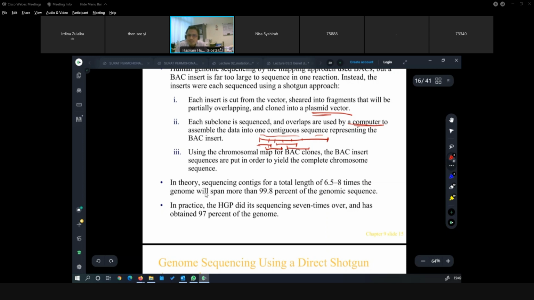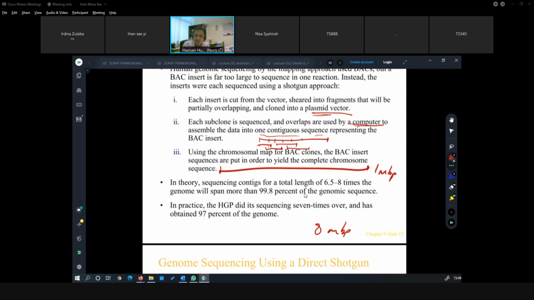Okay, so in theory, sequencing contigs for a total length of 6.5 to 8 times the genome will span more than 99.8% of the genome sequence. Basically, if the length of the chromosome is 1 million base pairs, and my sequencing produces 8 million base pairs, 1 million is the physical size and 8 million is the sequencing.